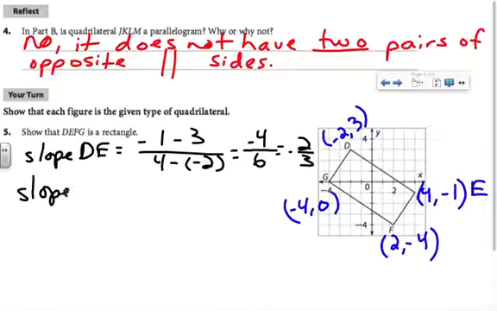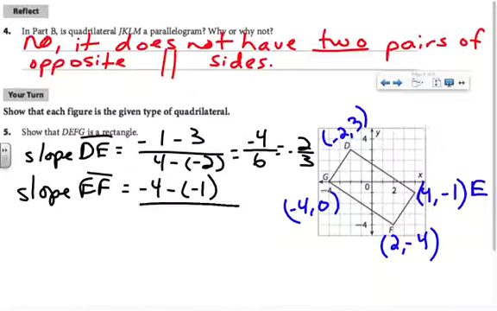Slope of EF, negative 4 minus negative 1 over 2 minus 4 is negative 3 over negative 2, and of course we know that negative divided by negative is a positive, so that's positive 3/2.